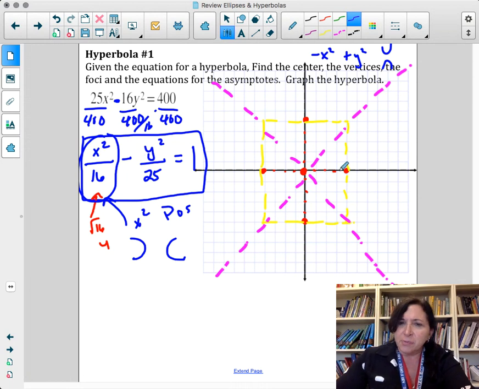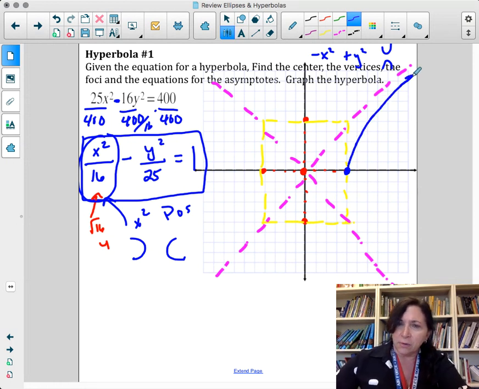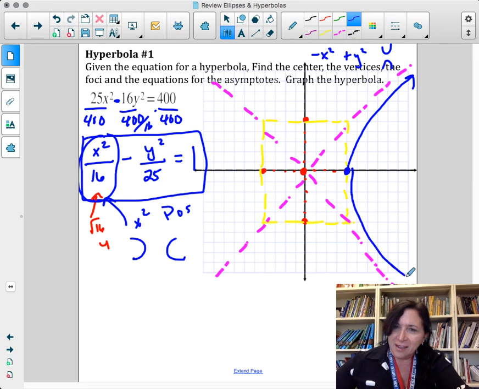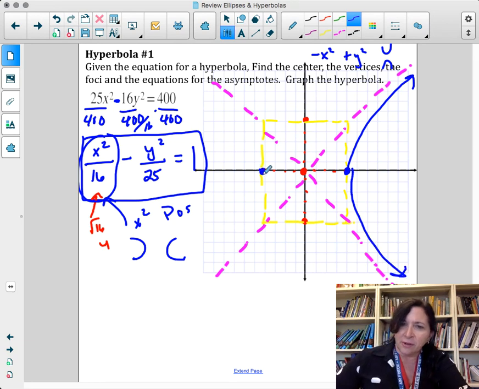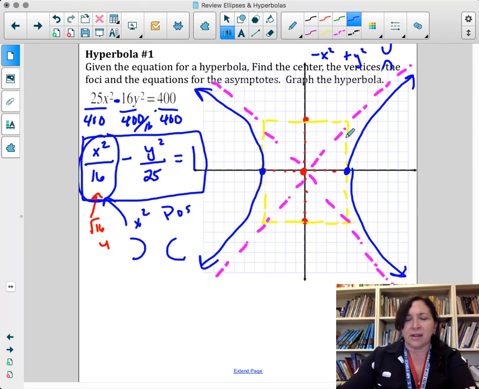So because x is positive, you're going to put your vertex here. There's your vertex, and your graph is going to follow your asymptotes. And here's another vertex here. Your graph is going to follow your asymptotes. And that's it.